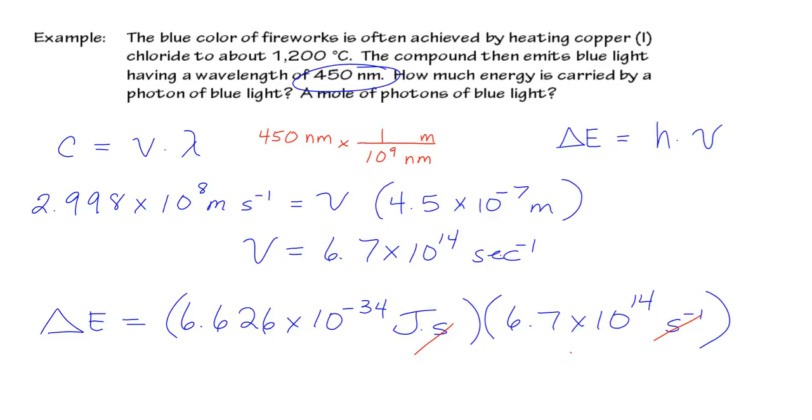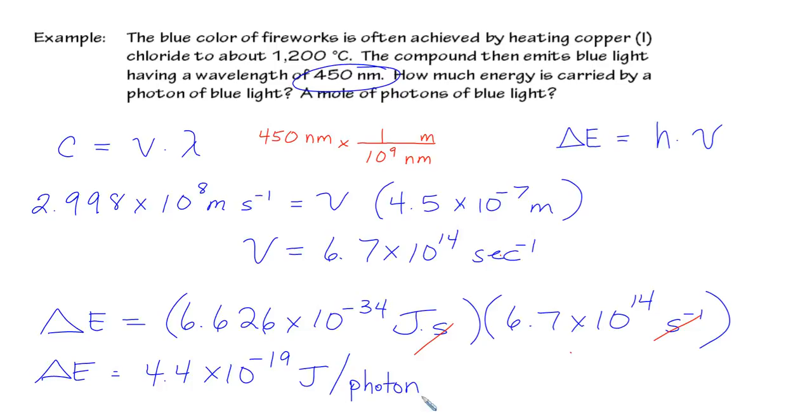Let's leave 2 sig figs here. So let's say delta E is 4.4 times 10 to the negative 19th joules. And now that's joules per 1 photon. Now you don't have to say joules per photon. If you just leave it as joules, that is perfectly acceptable.